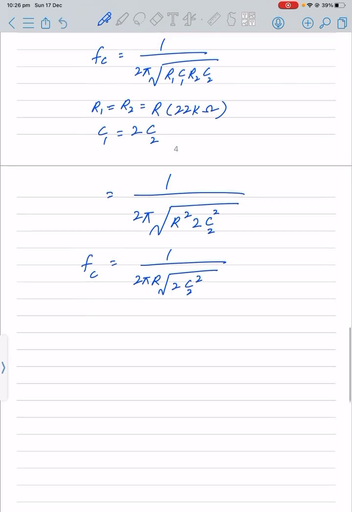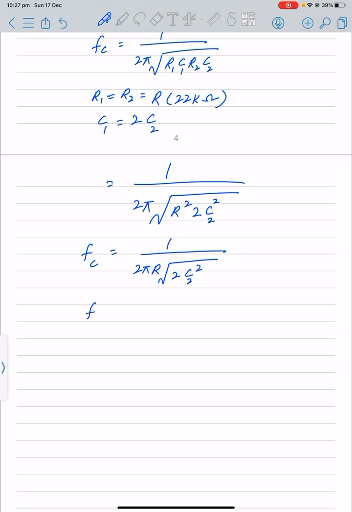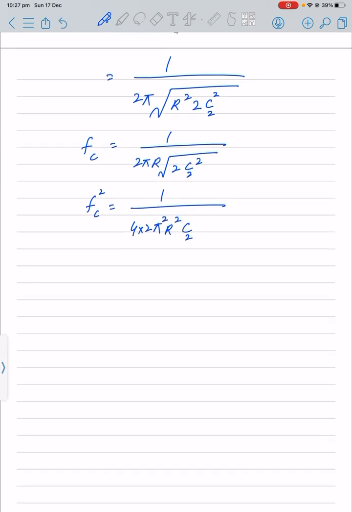If we take the square of both sides, we will get fc square equal to 1 divided by 4 multiplied by 2 pi square R square and C2 square. That's the one that we will be getting by taking the square of both sides.